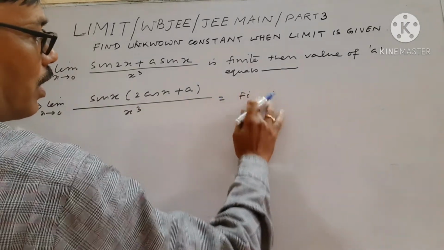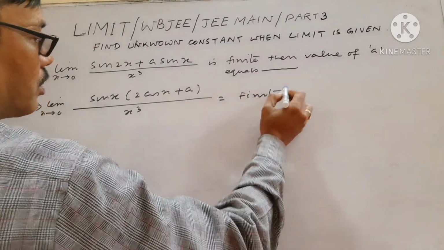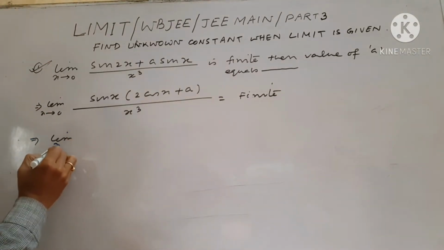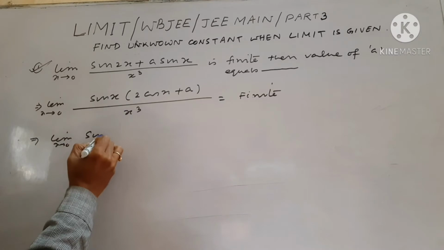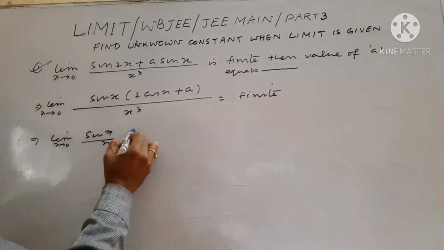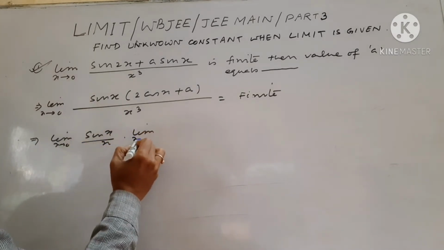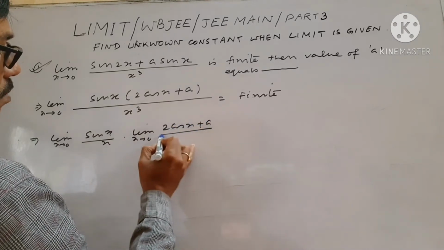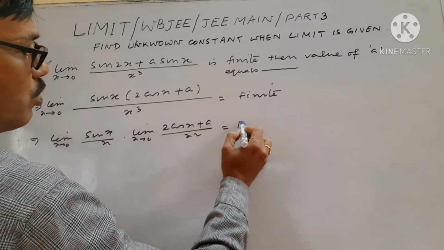This implies limit x tends to 0 of sin x by x, this is 1. So try to use this relation. So (2 cos x plus a) by x square equals to finite.